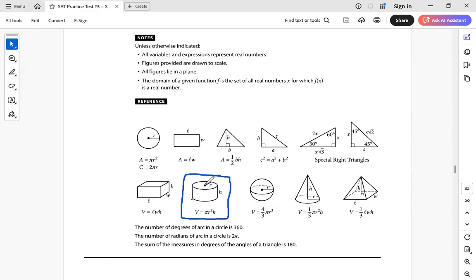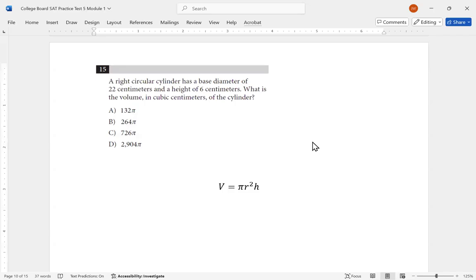And the radius is the distance from the center to the outside edge. Obviously, the height is the height of the side. So here's our right circular cylinder. Here's our formula for volume, pi r squared times h. This is the formula that I'm going to use.